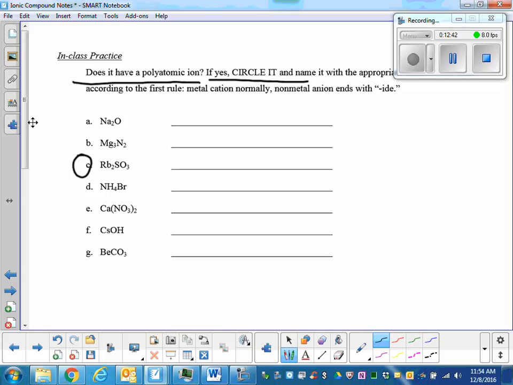Do you see a polyatomic ion? Yes. Do you see a polyatomic ion in the next one? Yes. Do you see a polyatomic ion here? Yes. Do we all recognize the ones that have polyatomic ions in them? Yes.